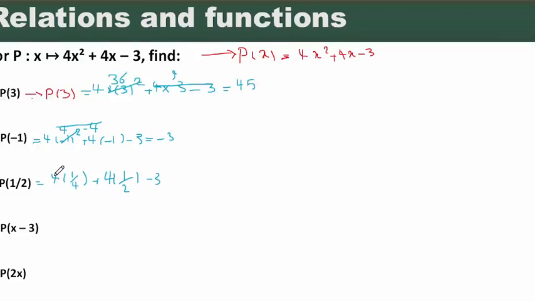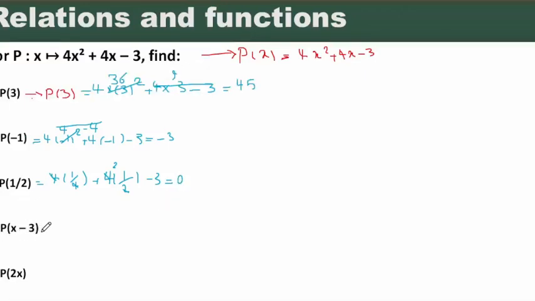Here 4 times 1/4 I can simplify, gives me 1. And here 4, both divisible by 2, gives me 2. So it would be 1 plus 2, 3, and minus 3 gives me 0.